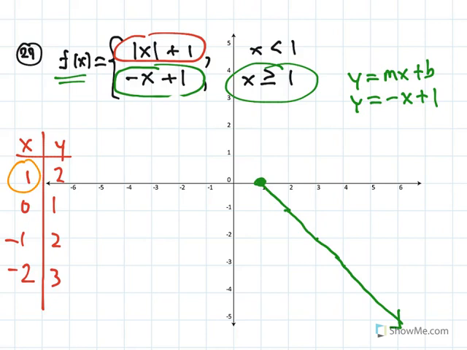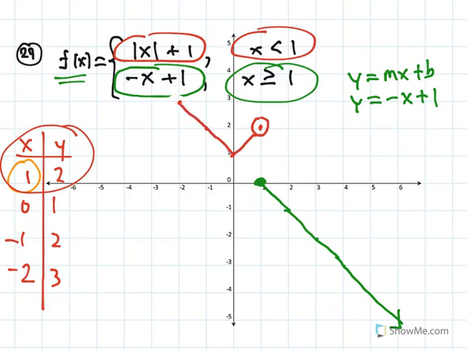So if I plot these points, I have 1, 2, which is right here, and then 0, 1, and then negative 1, 2, and then negative 2, 3. So here's the graph that I have. And we know that at x is equal to 1, we're going to have an open circle because I only use this rule for x values that are less than 1. So when you look at the graph, you can see what the range is.